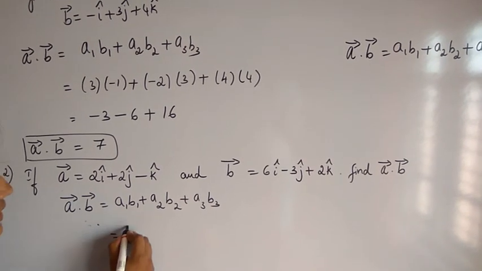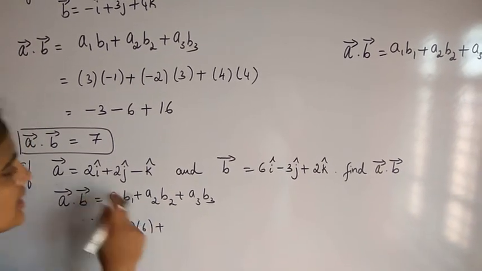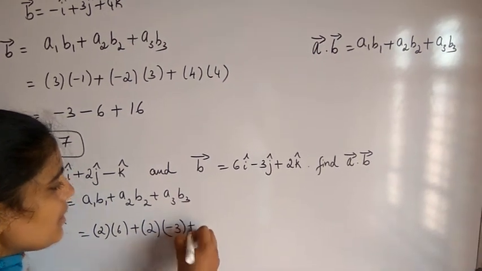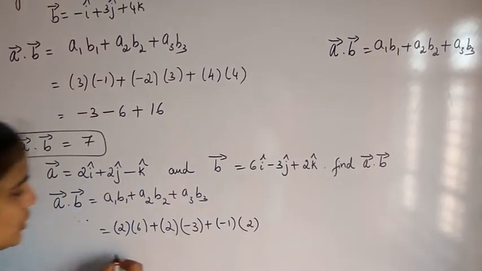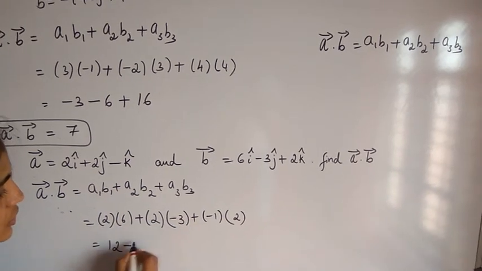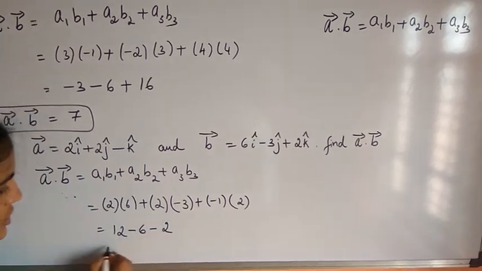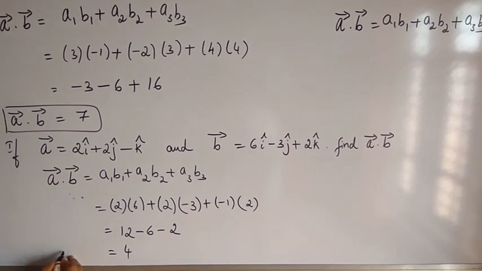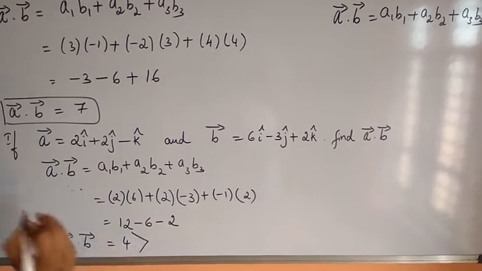So here A1 value is 2 into B1 6, plus A2 is 2 into B2 minus 3, plus A3 minus 1 into B3 is 2. So here 2 6s are 12, plus into minus, minus 2 3s are 6, plus into minus, minus 1 2s are 2. So therefore we get 12 minus 6 is 6, 6 minus 2 is 4. So therefore vector A dot vector B equals 4.